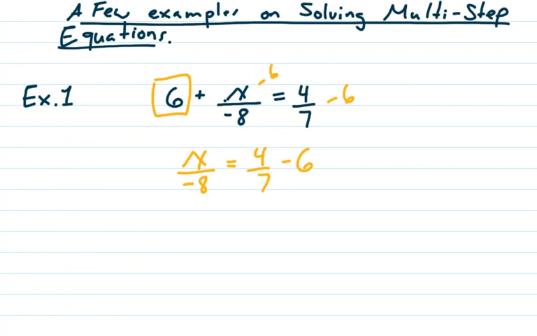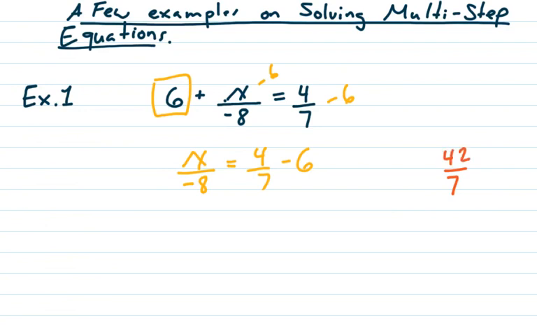Now I need to make 6 into a number over 7 in order to combine these like terms. So that's going to be 7 times 6 is 42.